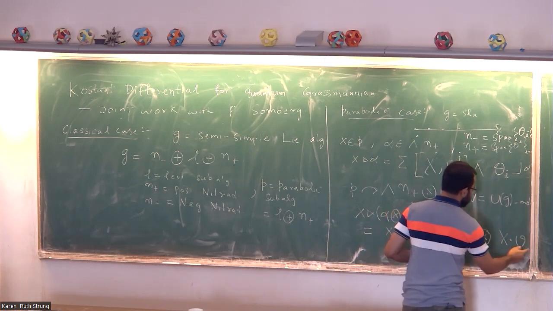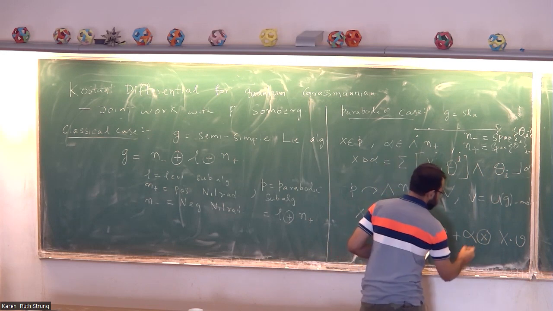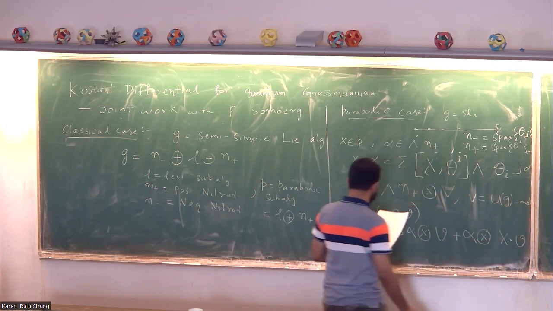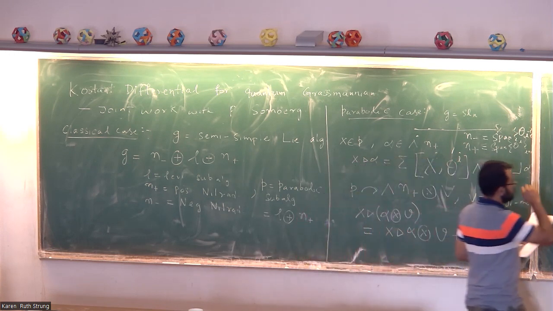Or we can take the representation pi of U(g) and use the action of U(g) on V like this.